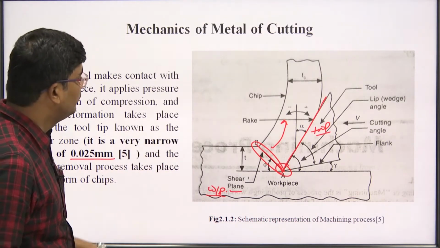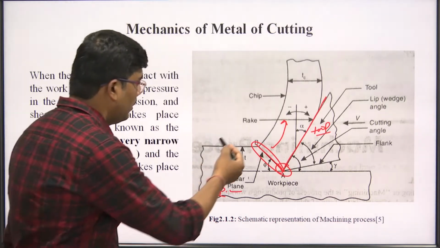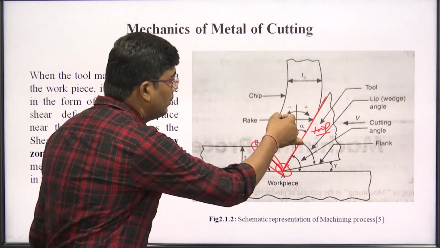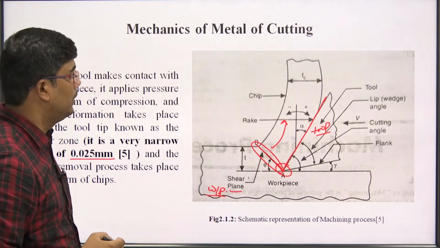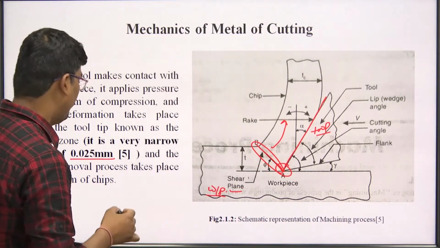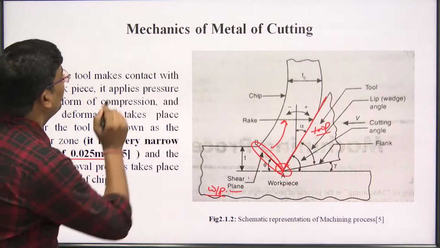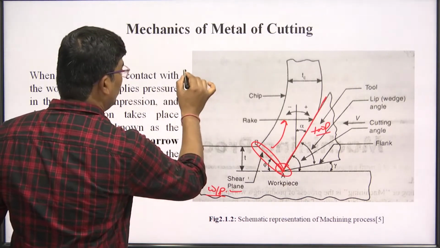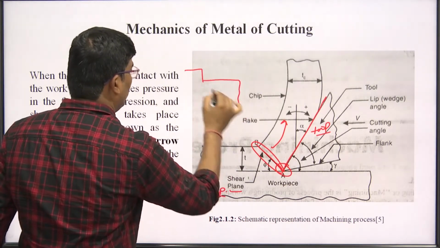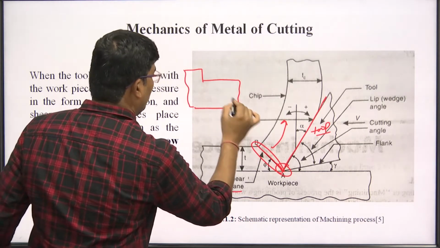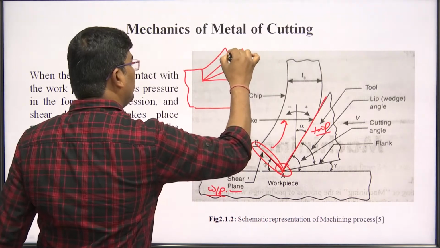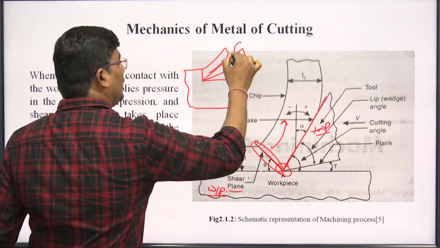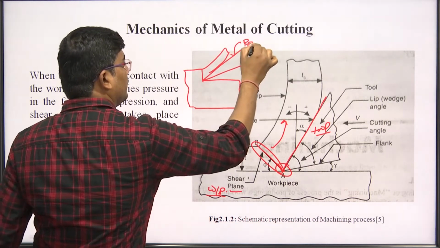Chips are removed along the surface that is known as the rake surface. For example, जैसे कि आपको यहाँ दिखाता हूँ एक छोटा सा डायग्राम बना के. This is a tool and this is the removal of the chips. That is known as the rake surface.